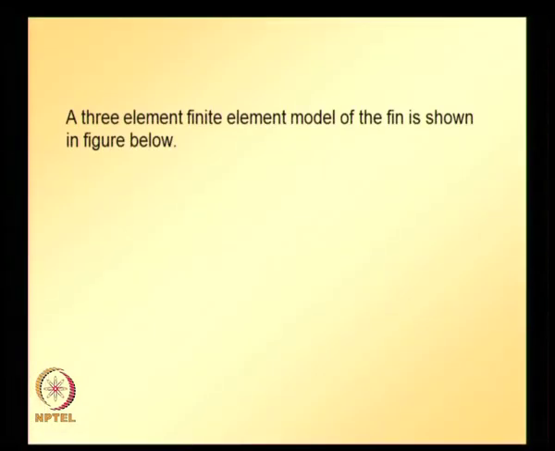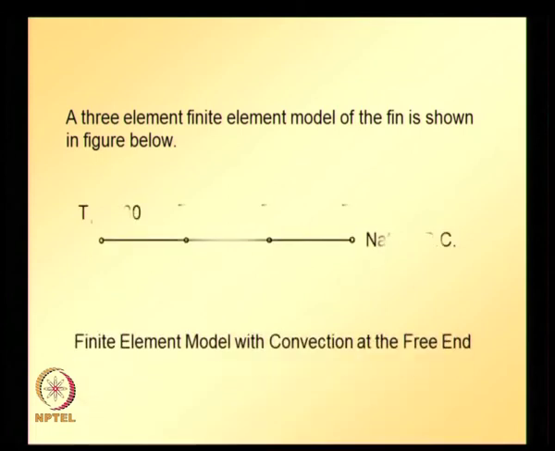The 3 element finite element model for the fin is shown in the figure, and T1 is given already as 330 degrees centigrade. For T4 we now need to apply this convection boundary condition, which is a natural boundary condition. The element equations for elements 1 and 2 are going to be identical to the previous example, and the element 3 equations are going to get modified a little bit because of the contribution from k alpha and r beta.